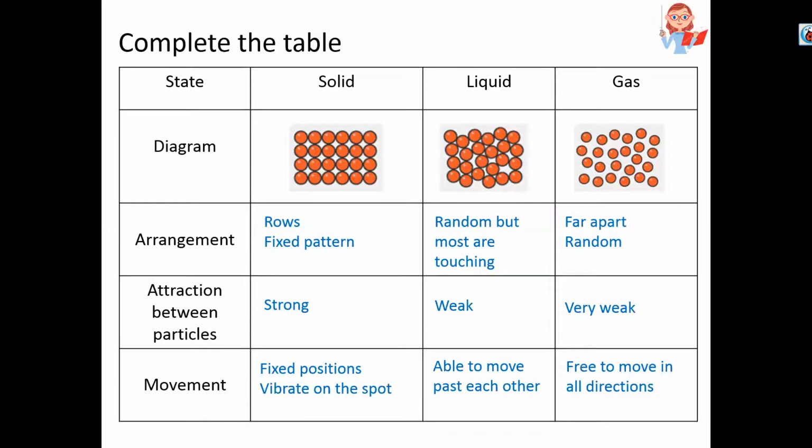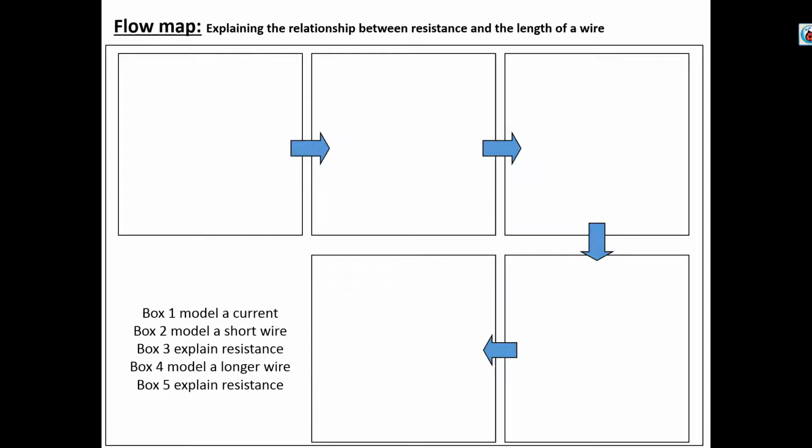Third and final slide is looking back to last lesson, explaining the relationship between resistance and length of a wire. Have a go at sketching the model from memory. There's a little guide for you.